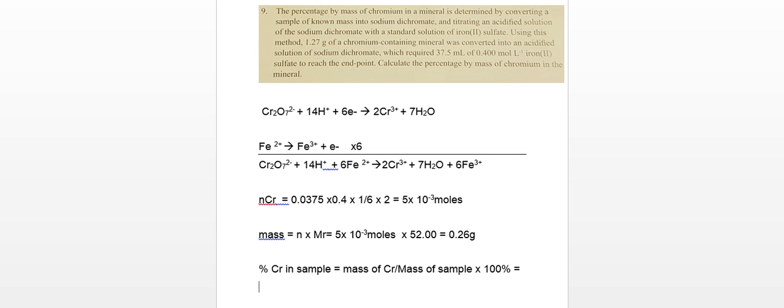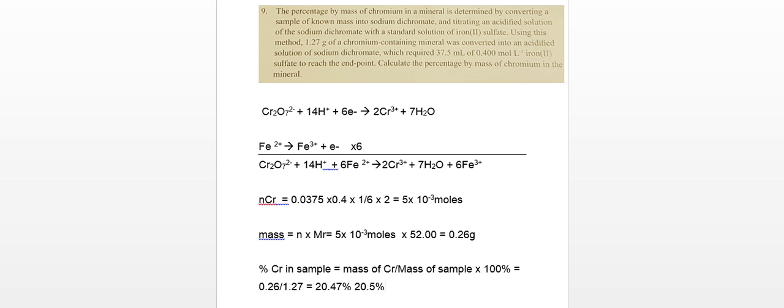And if you crunch the numbers through on that, you get 0.26 divided by 1.27, and that equals 20.47%. And you round that appropriately to whatever you like, or if you like 20.5%. And that's how to do that type of problem.